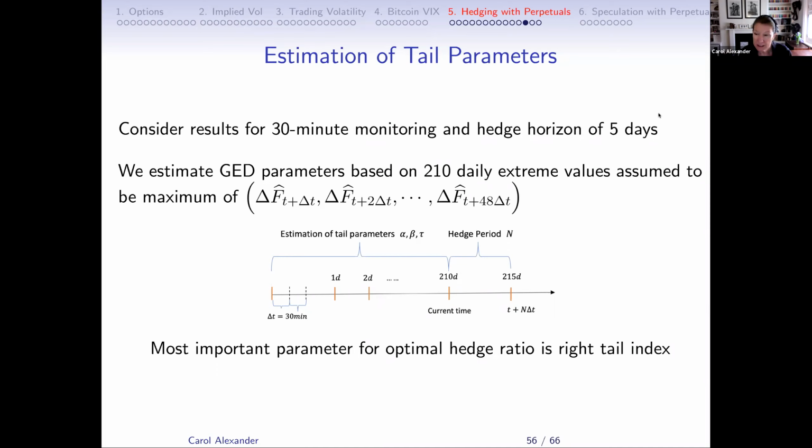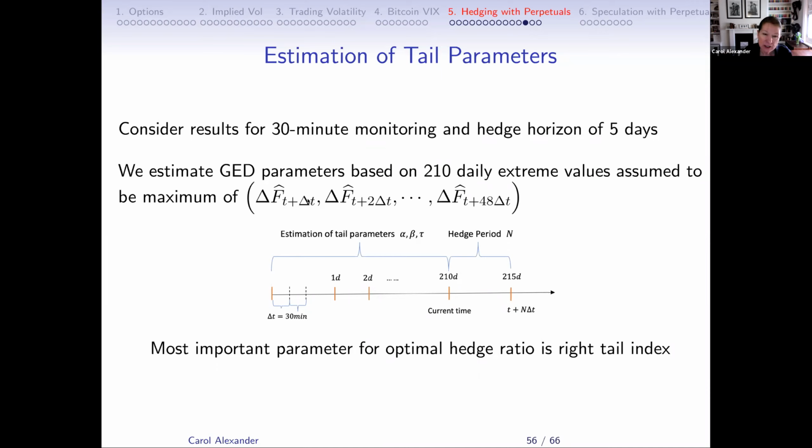So we estimate these generalized error distribution parameters based on 210 daily extreme values. Every day, if it's 30 minutes, there are 48 thirty-minute periods in a day.